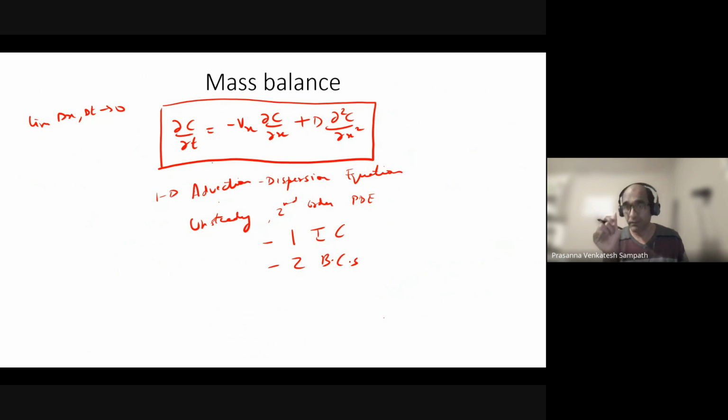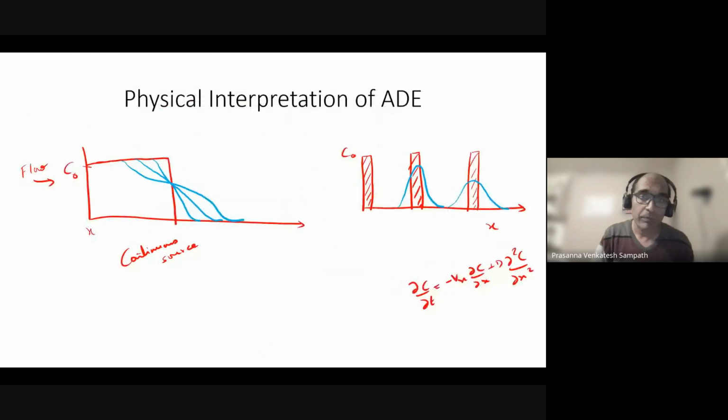So we have one time dependent term on the left hand side, a time gradient, then dou c by dou x, which is the first derivative, and then dou square c by dou x square. So you have the spatial derivative, both the first and the second order terms.